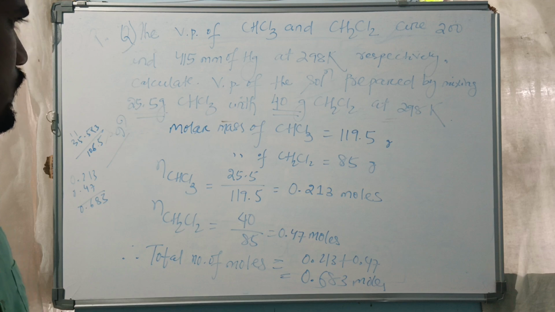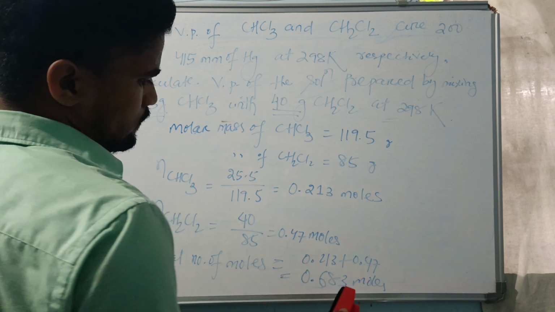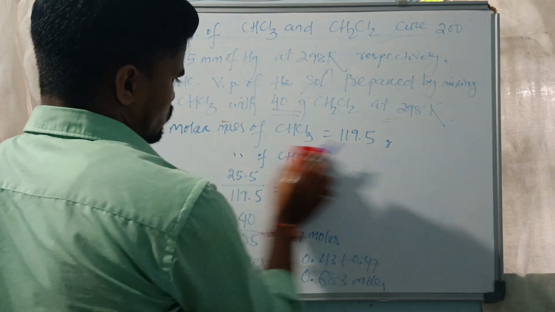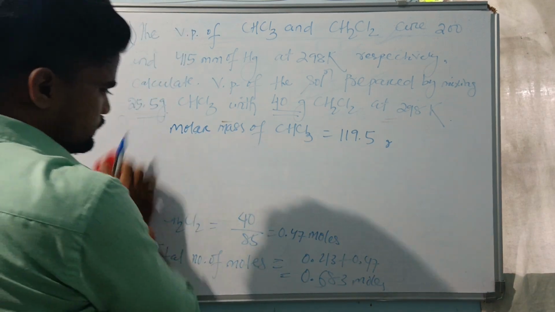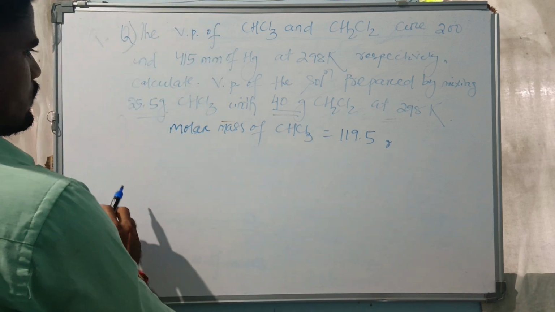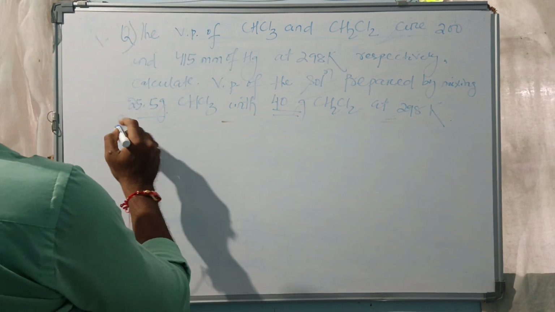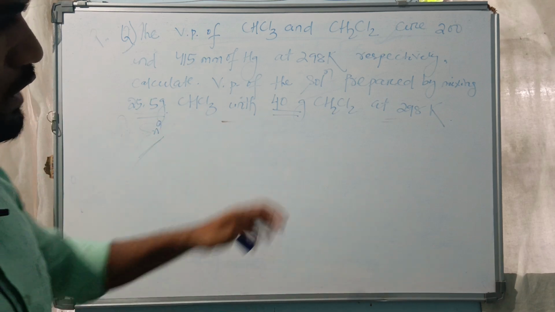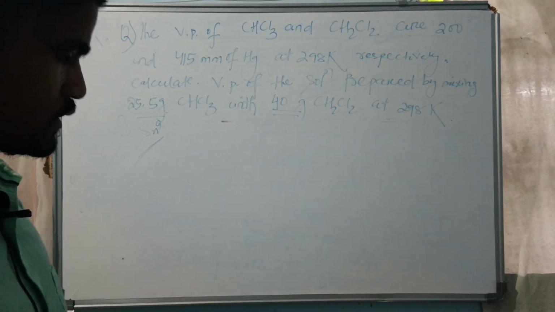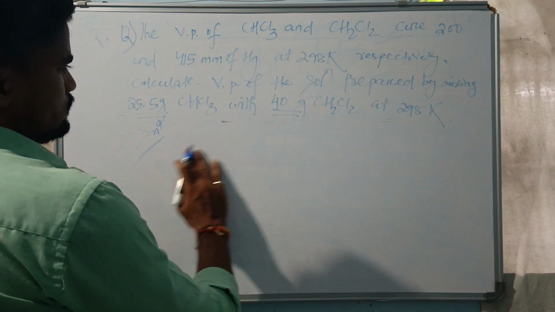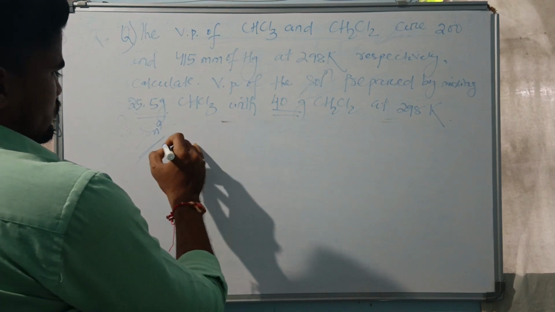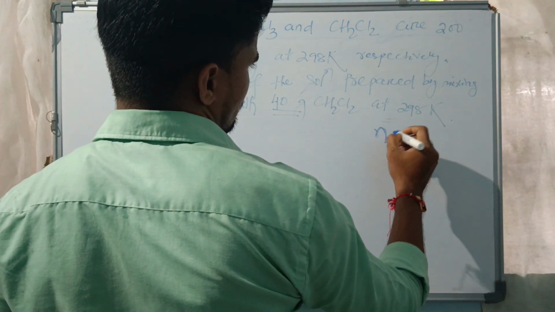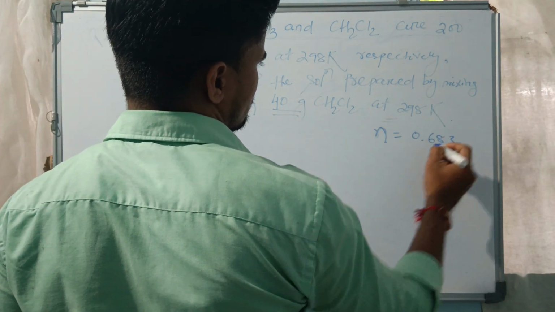Right, now we have to calculate mole fractions. So let's start. We have to note this down, because I have no space, so I will continuously erase. So again, total number of moles we get 0.683, right?